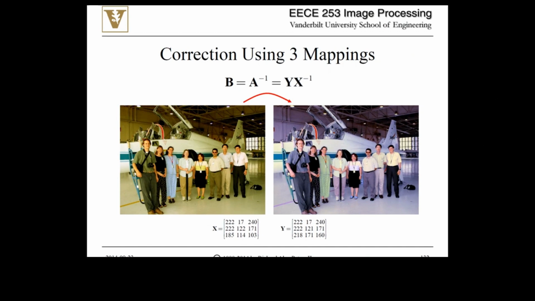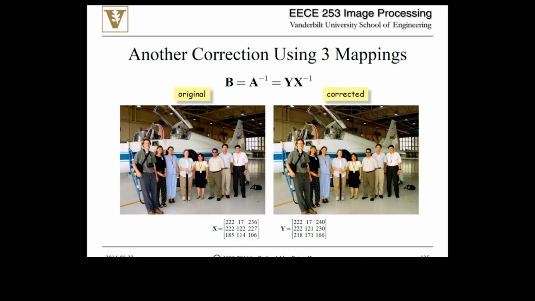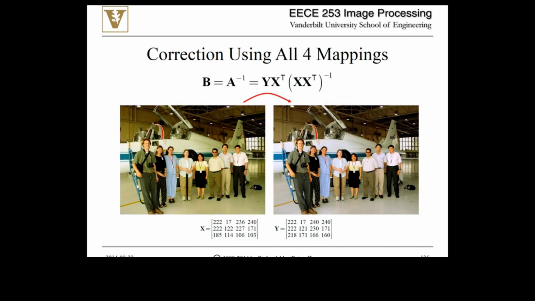But depending on which pairs I take, I have one solution. For instance, this one here, or this one there. So those are 2 different points in this 9-dimensional space. And then if I use the 4 of them, then I have something that is more or less in the middle, and that corresponds more to what I want.